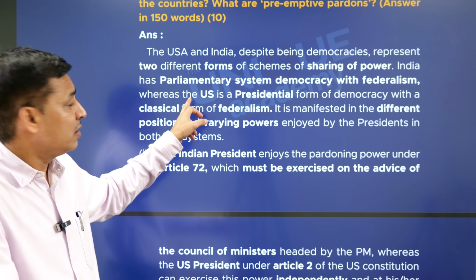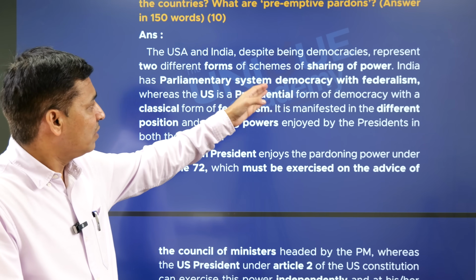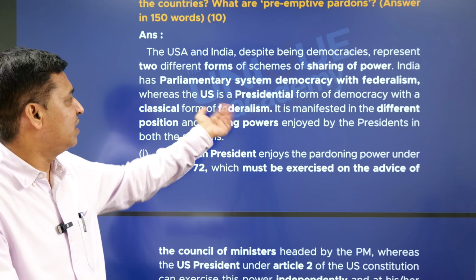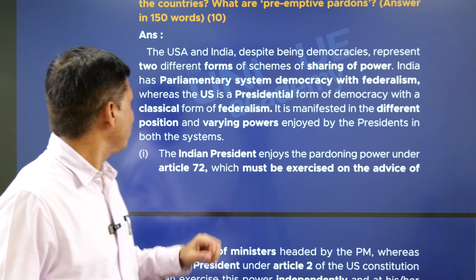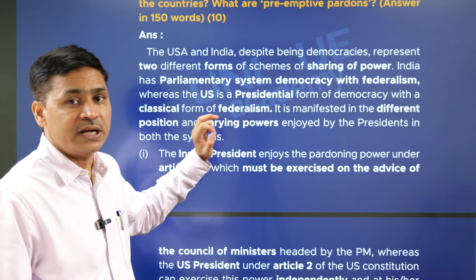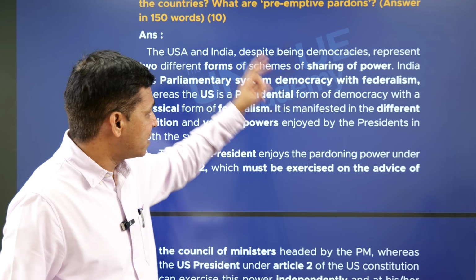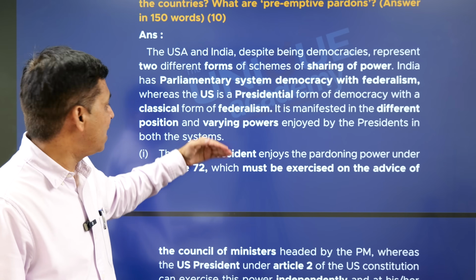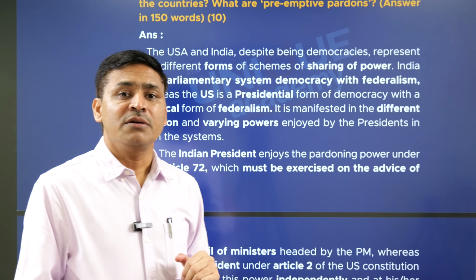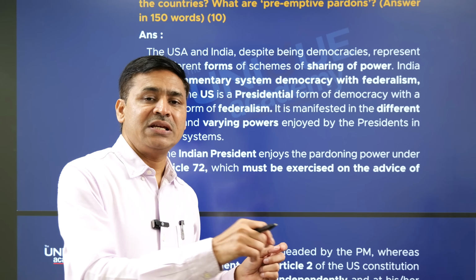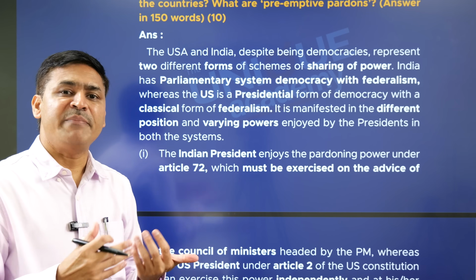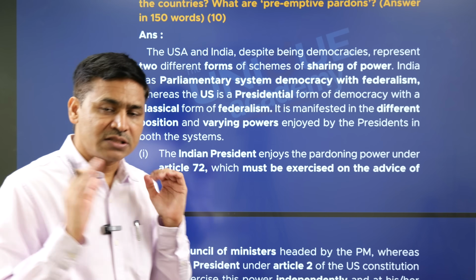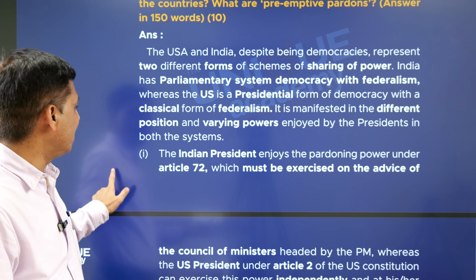In India, we have a parliamentary system with federalism, whereas in the US, they have the presidential form of democracy with a classical form of federalism. It is manifested in the different position and varying powers enjoyed by the presidents in both the USA as well as the Indian political system, and that is in turn reflected in the differences in the pardoning power.